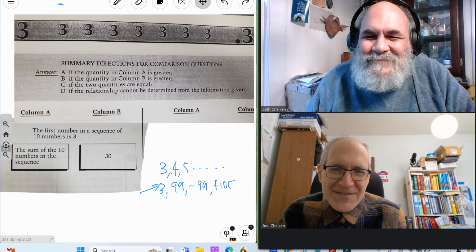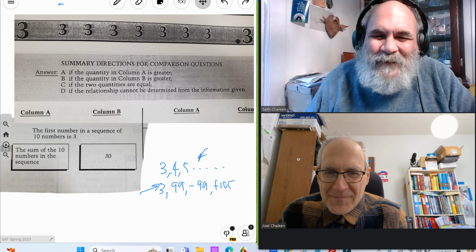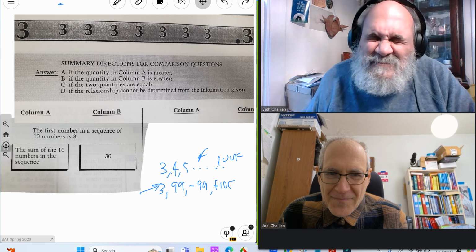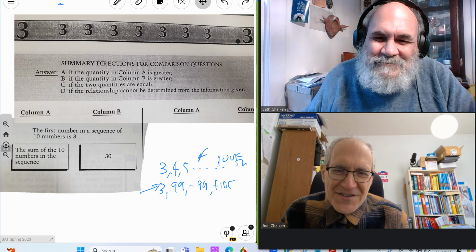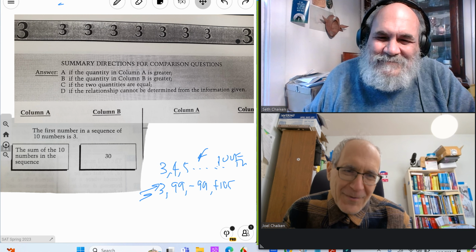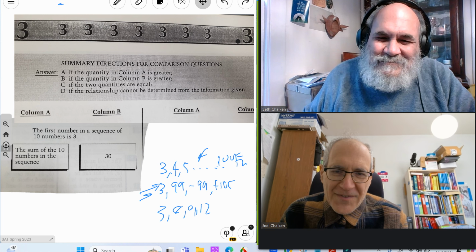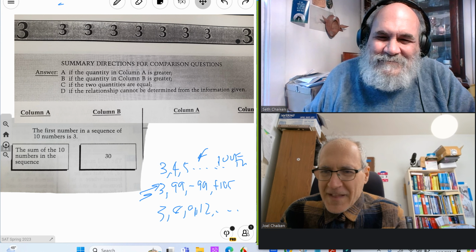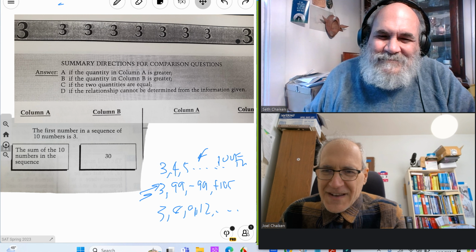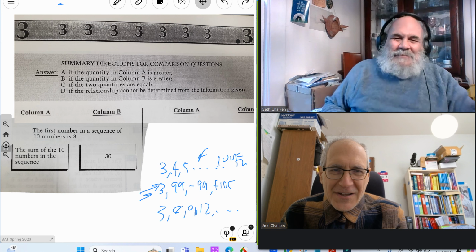I was going to write 3, 4, 5, up to 10. And then I was going to write 3, 8, 9, 12, some random stuff, 10 of them, with the sum. So does this mean you can't really tell? D. Right, you can't really tell.